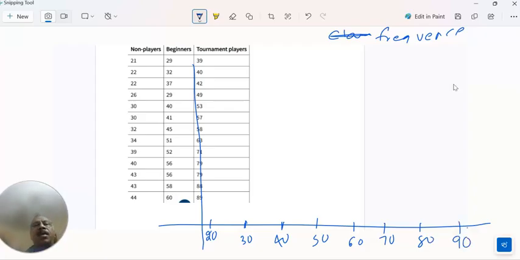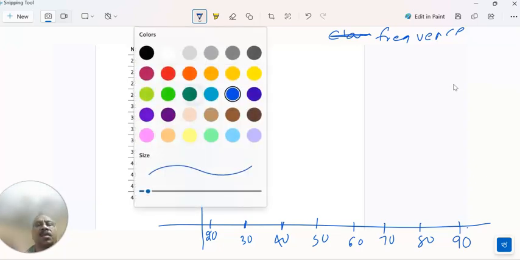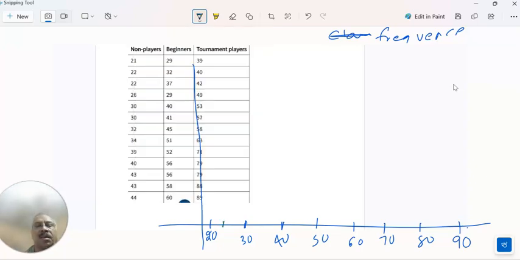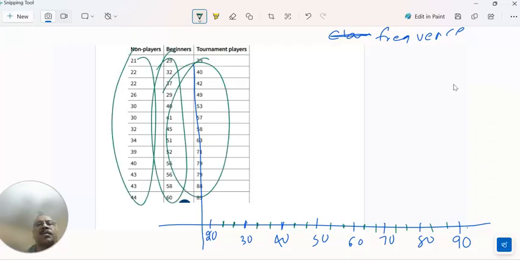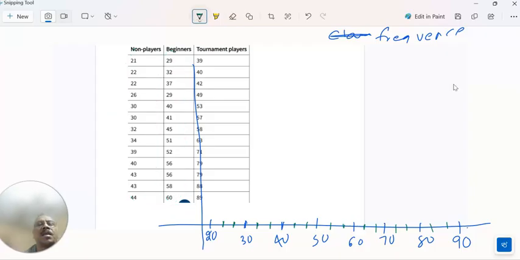Okay. Now I'm going to break this into three parts, because each of these is split into three. That's because we have this piece and this piece and this piece.